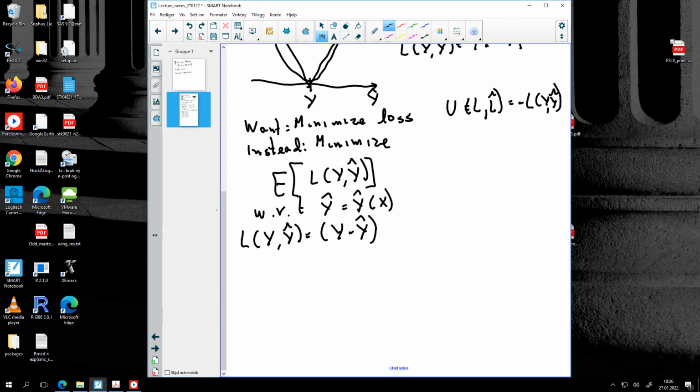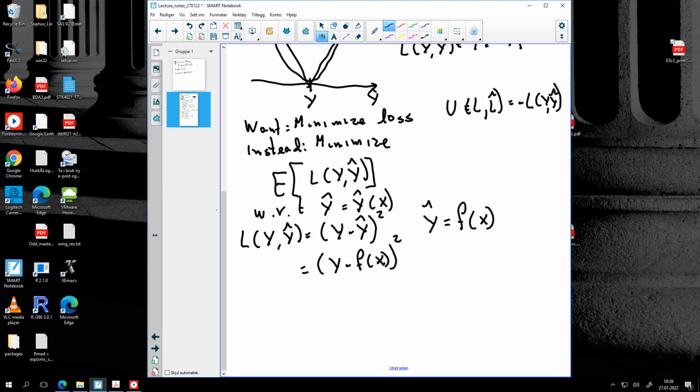And to keep the notation in the book, let's say that y hat is some function f of x. So this means that it is y minus f of x squared.